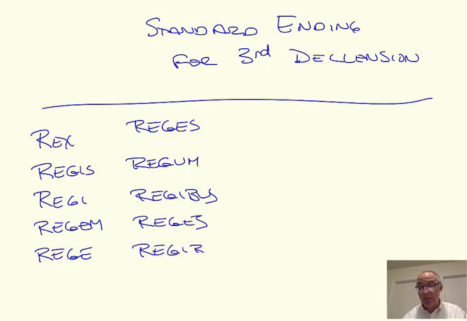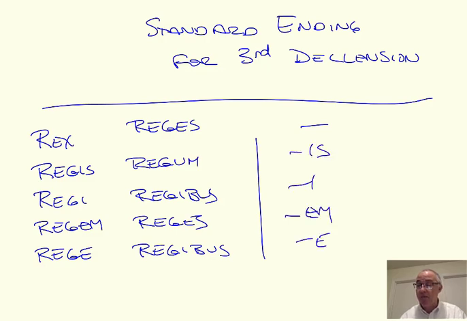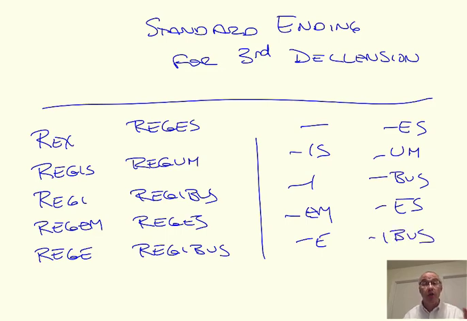Got it? In other words, our ending for the masculine and feminine is, I put a blank for the nominative, is, i, em, e, es, um, ibus, es, ibus. These are our standard third declension endings for masculine and feminine.